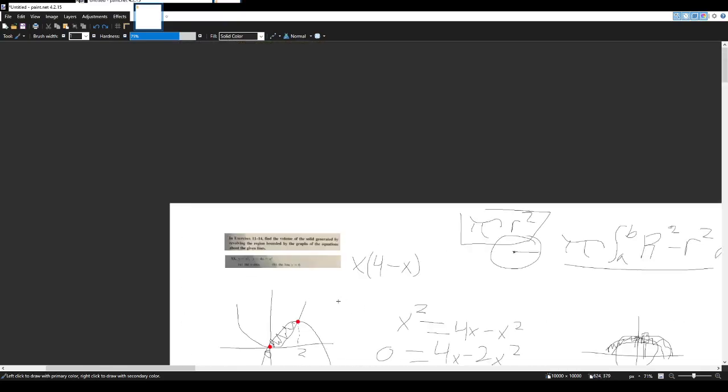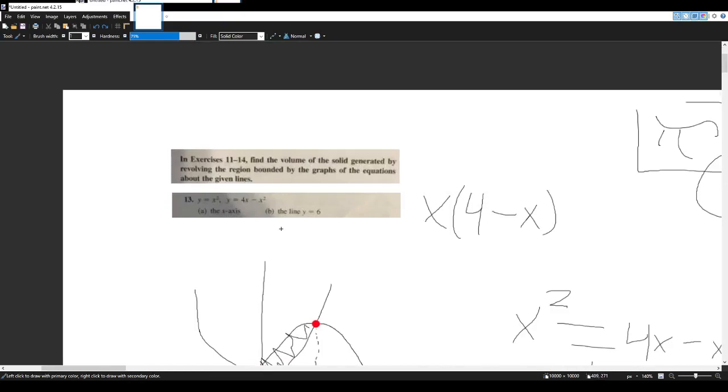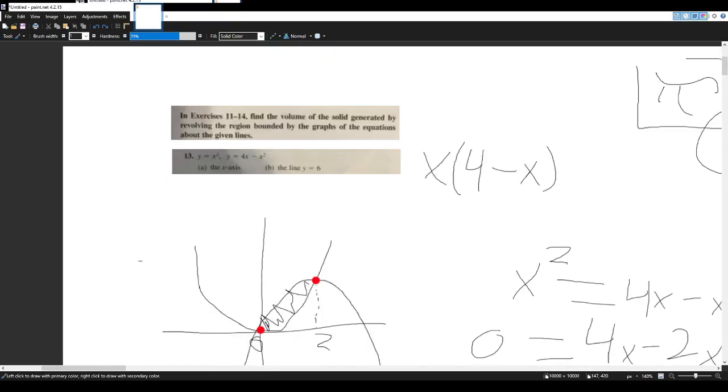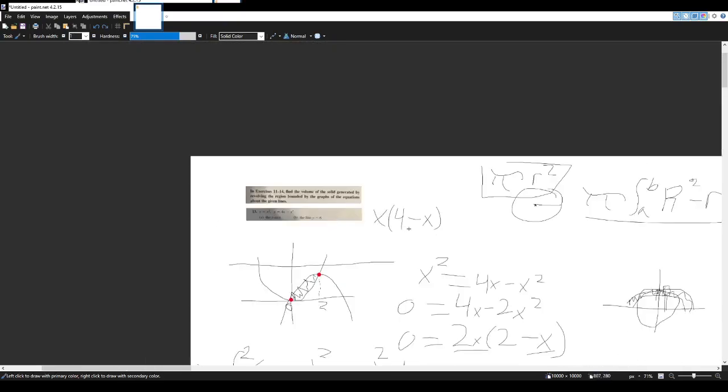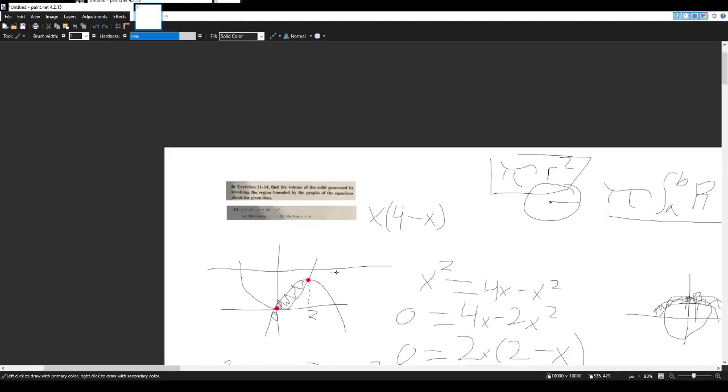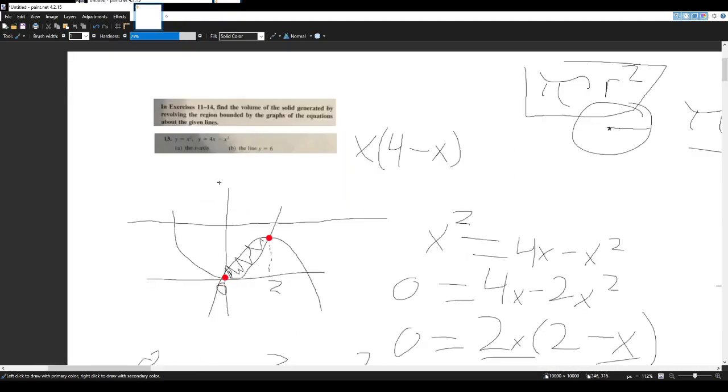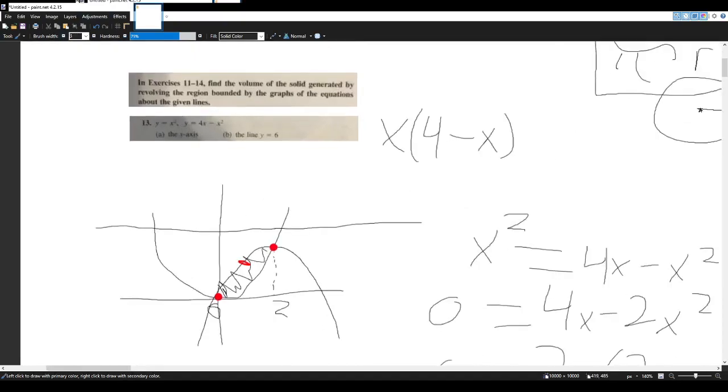But for part B, we want to rotate around the line y equals 6, which is, let's just call it right there. And so for this, things get a little weird. Basically, instead of the distance from, let me do something a bit more noticeable here, from here to here, right?